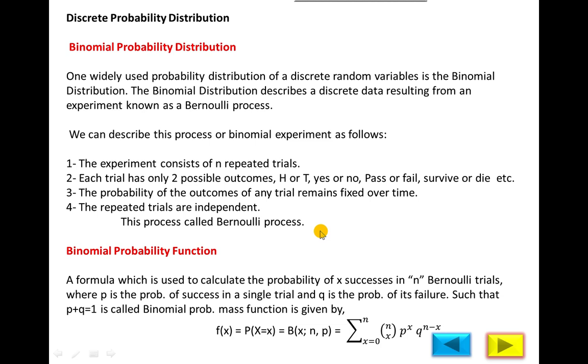Sometimes the favorable and possible outcomes are given or known. Sometimes we find them with the help of an experiment. For example, if you throw a coin 1 time, 2 times, 3 times, 4 times, you can draw all possible outcomes and favorable outcomes with the help of this experiment. And sometimes we use combination and permutation, and sometimes they may be given or known. The target and objective is to find the number of favorable outcomes divided by possible outcomes.